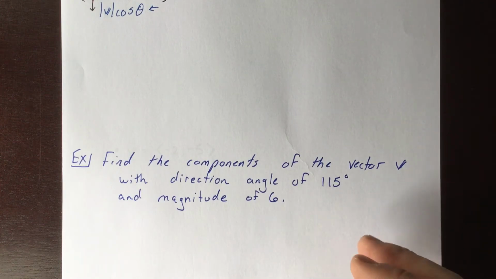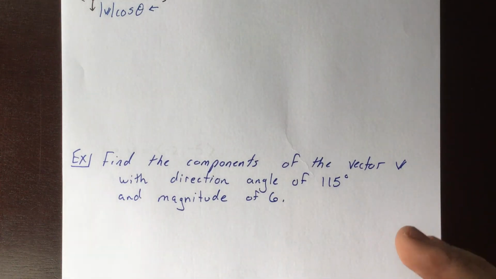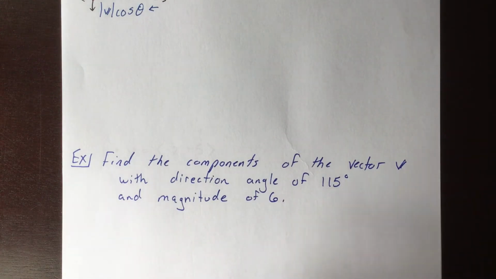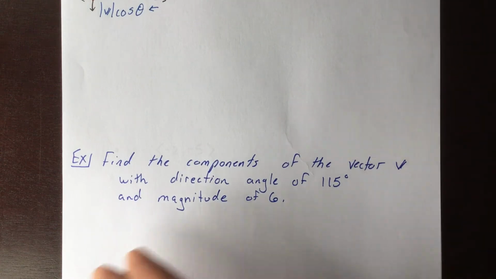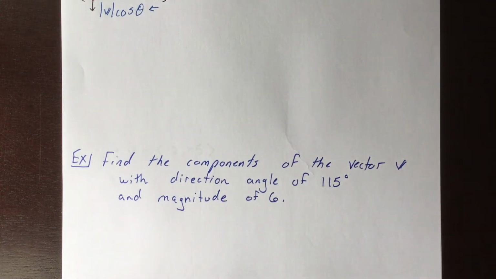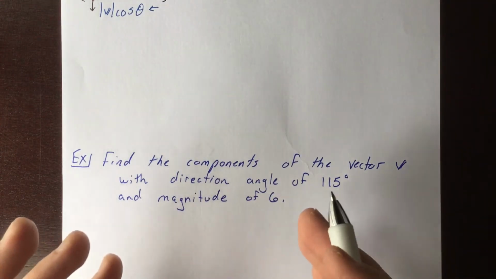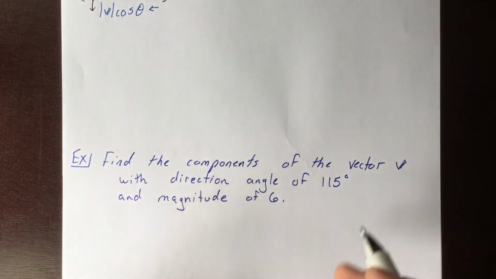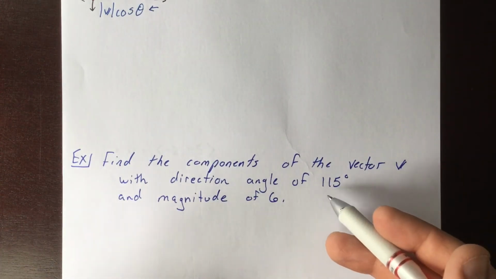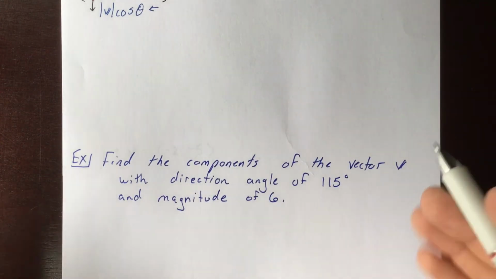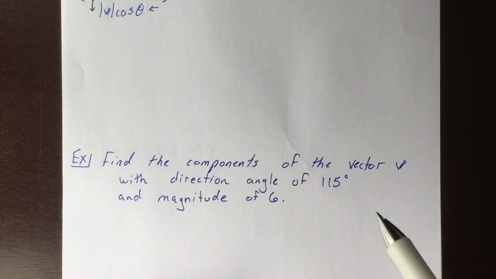Based off what we're given, we have the direction angle that tells us where the vector is pointed, and we have the size of the vector, the magnitude of it. Magnitudes will always be positive, so that doesn't tell us what quadrant we're in. The angle does.